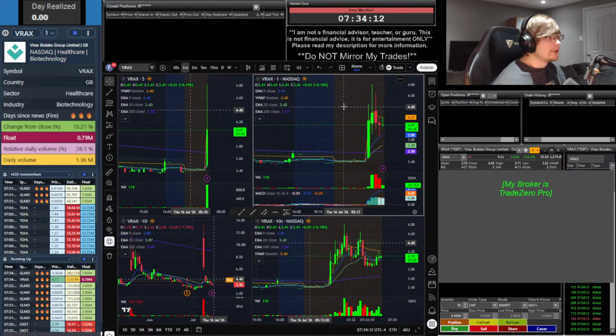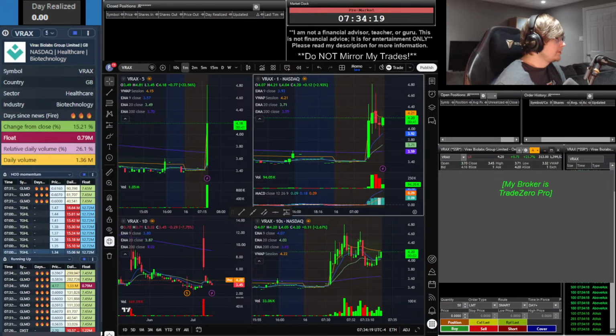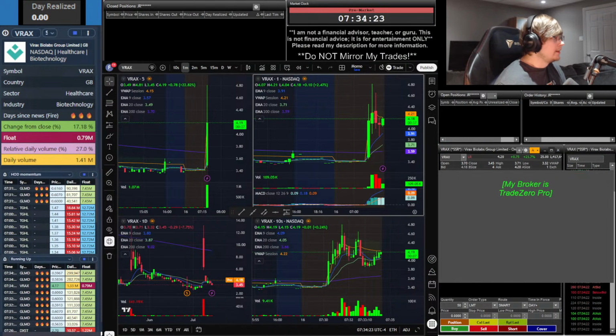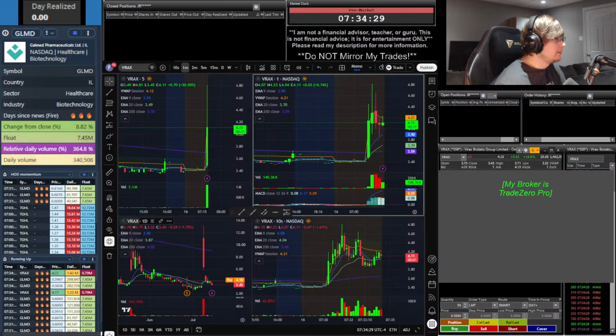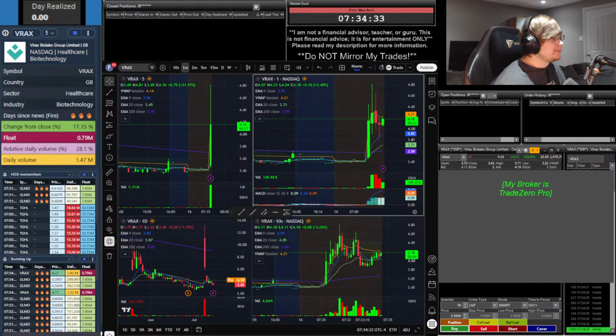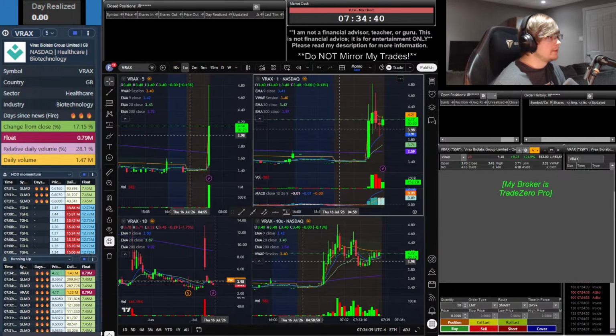I used to use the Warrior Trading Scanners for a while, but I do like Charts Watcher so far. I really like that I can connect it to my TradingView here, so whenever I click a scan, it just auto types in the symbol, right? LMD, VRAX. And I'm saving a bit of money compared to the Warrior Trading software, which is $200 a month.